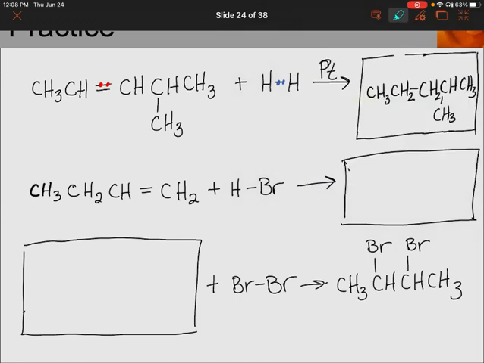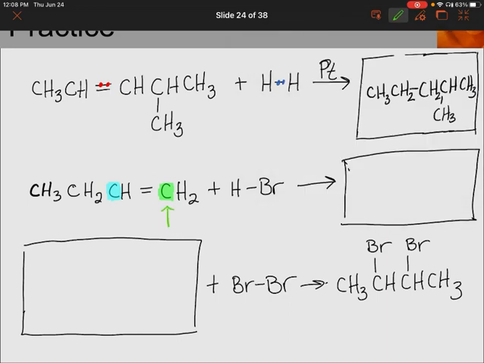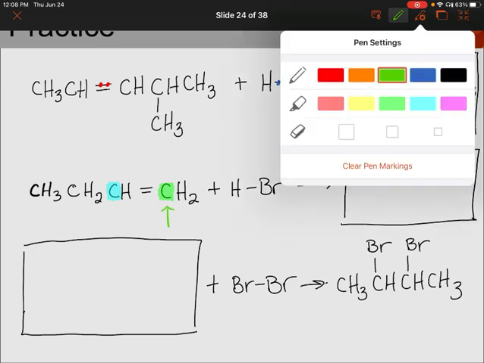How many hydrogens are there on the left-hand carbon? Just one. What about the right-hand carbon? Two. So which one has more hydrogens? The right-hand carbon, the green one. That's the side that the hydrogen will add to, according to Markovnikov's rule.